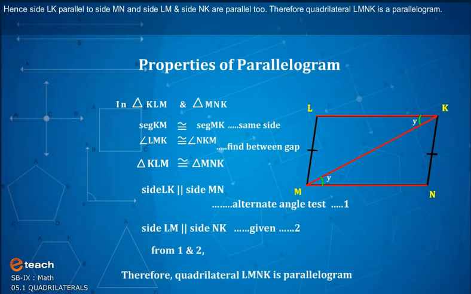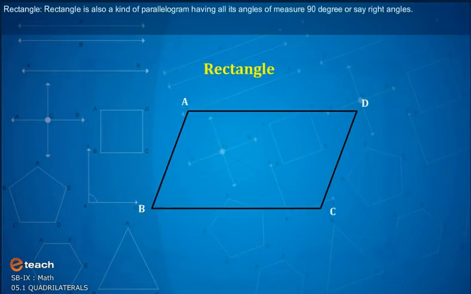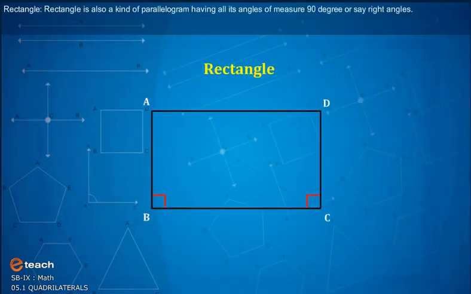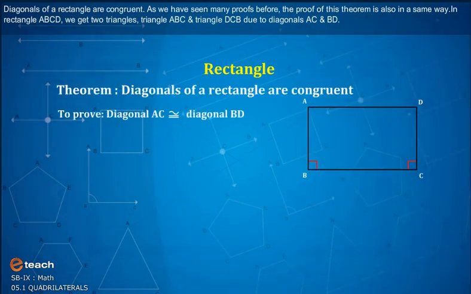Therefore, quadrilateral LMNK is a parallelogram. Rectangle. Rectangle is also a kind of parallelogram having all its angles of measure 90 degree or say right angles. Diagonals of a rectangle are congruent.